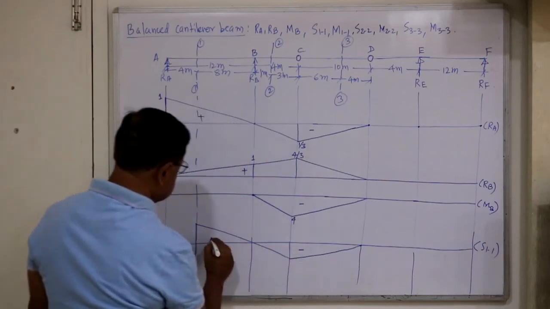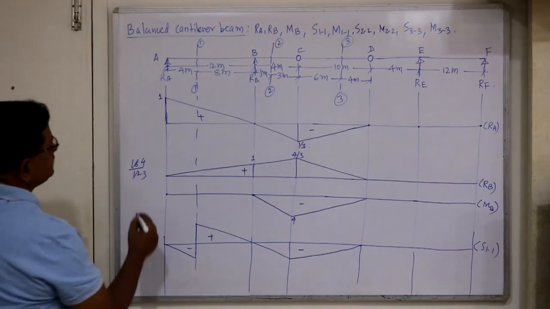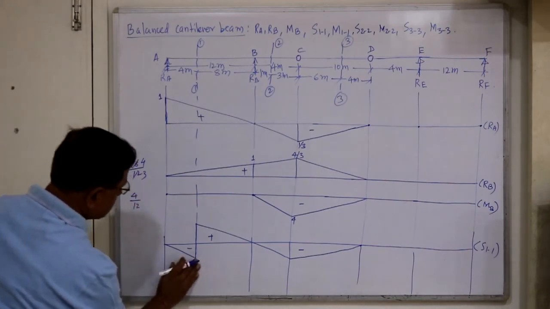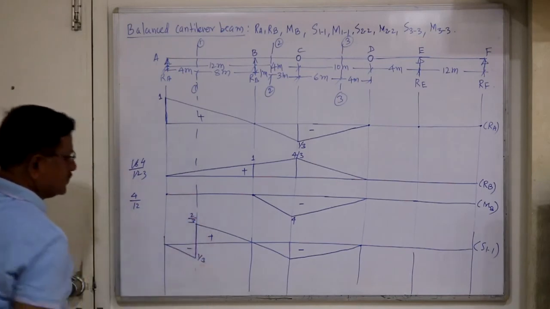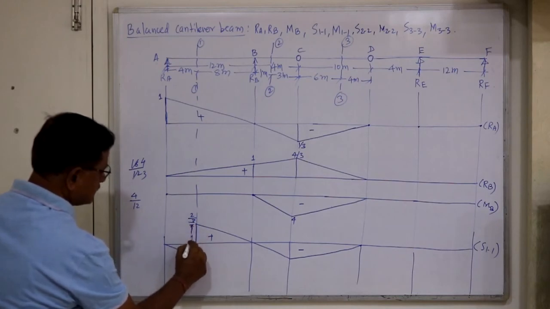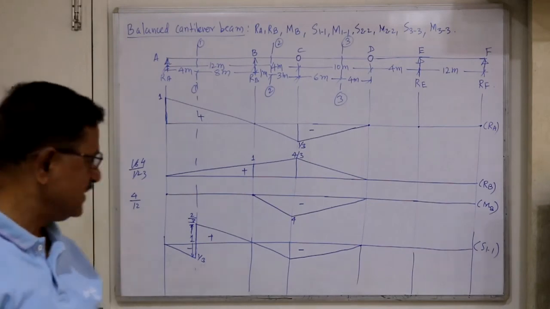This is minus, this is plus, this is minus. A is 4 divided by L, 12, so 1/3. This is 1/3, this will be 2/3. So the total sum is 1. So this is the ILD for shear force at section 1-1.